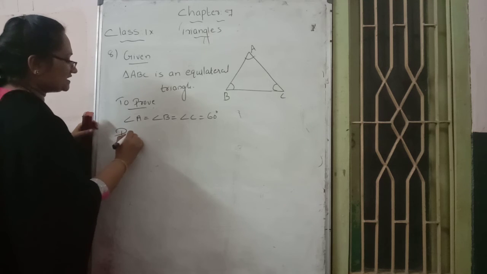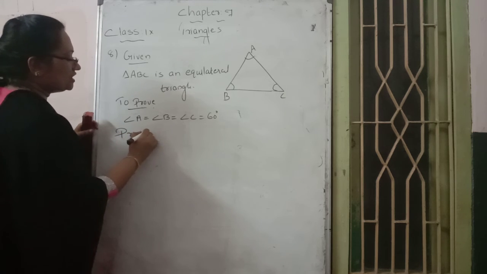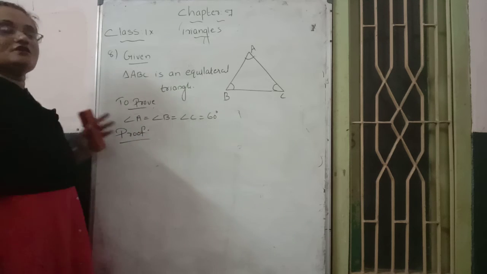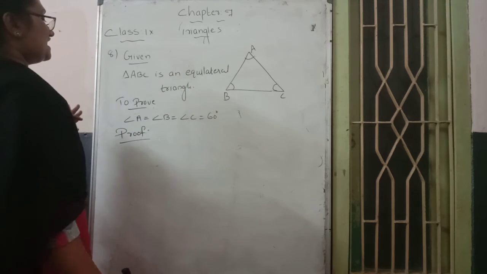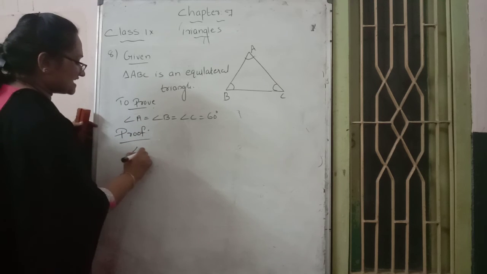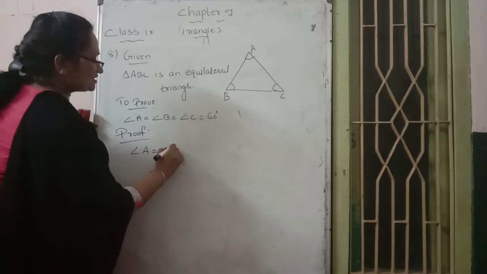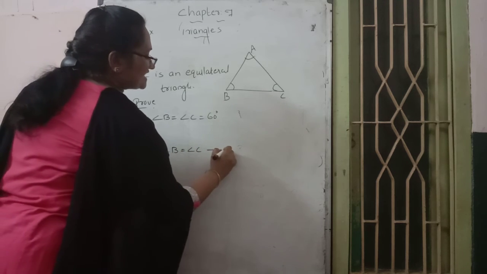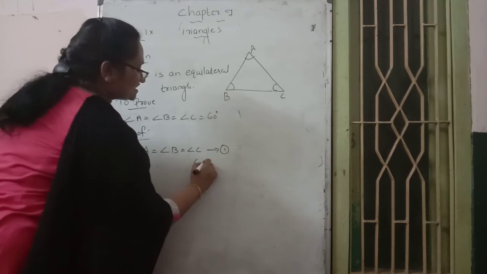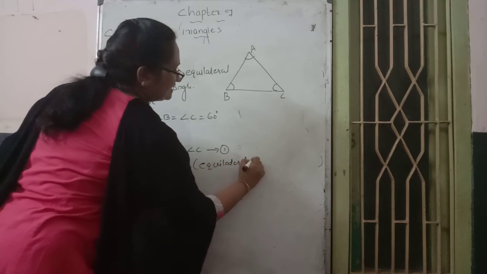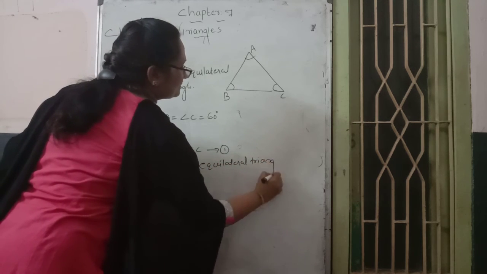Here also we can directly go to the proof, no construction is needed. How to prove that? Here, in the equilateral triangle, all angles are equal: angle A is equal to angle B is equal to angle C. Mark it as equation 1. The reason is that it is an equilateral triangle, so all angles become equal.